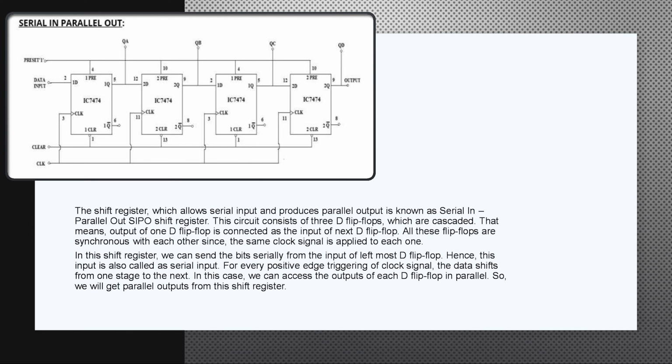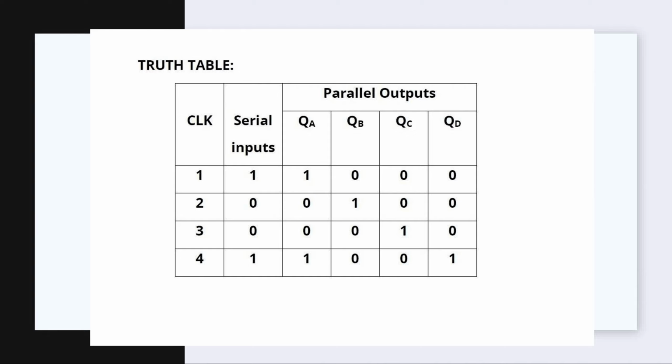In this shift register, we can send the bits serially from the input of the leftmost D flip-flop. Hence, this input is called serial input. For every positive edge triggering of clock signal, the data shifts from one stage to the next. In this case, we can access the outputs of each D flip-flop in parallel. So, we will get parallel outputs from this shift register. This is the truth table for serial in parallel out shift register.